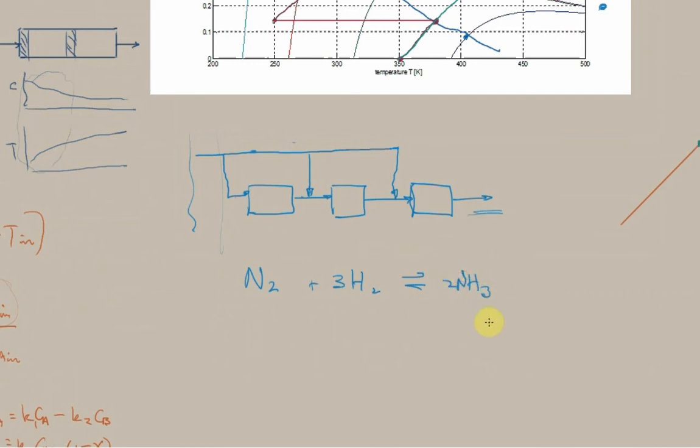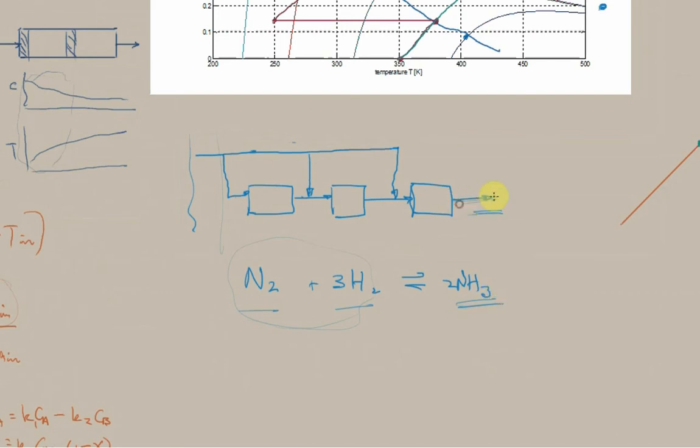So ammonia has a significantly higher boiling point than hydrogen and nitrogen. So even though we might be feeding nitrogen and hydrogen here in these streams, it's very easy to remove these from the product stream. So this product stream coming out here, we can easily strip out the nitrogen and hydrogen from the ammonia.